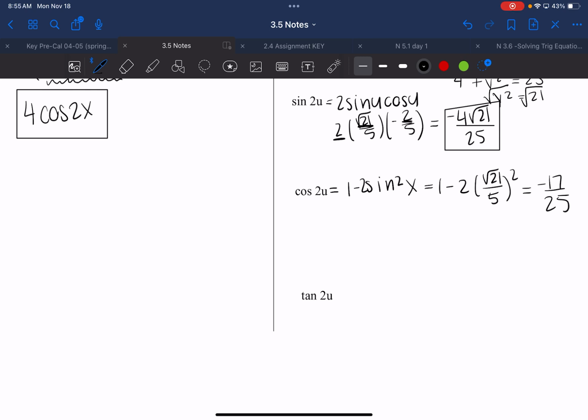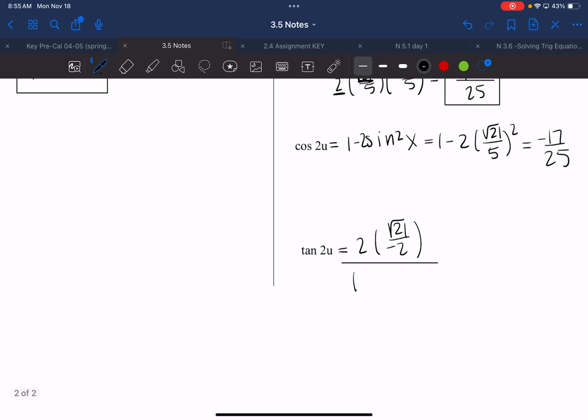All right? Okay, then for that last one, tangent of 2u. So this one would be 2 times tangent. What is tangent in this figure? Root 21 over negative 2. Good. All over, we'd have 1 minus that same value squared.